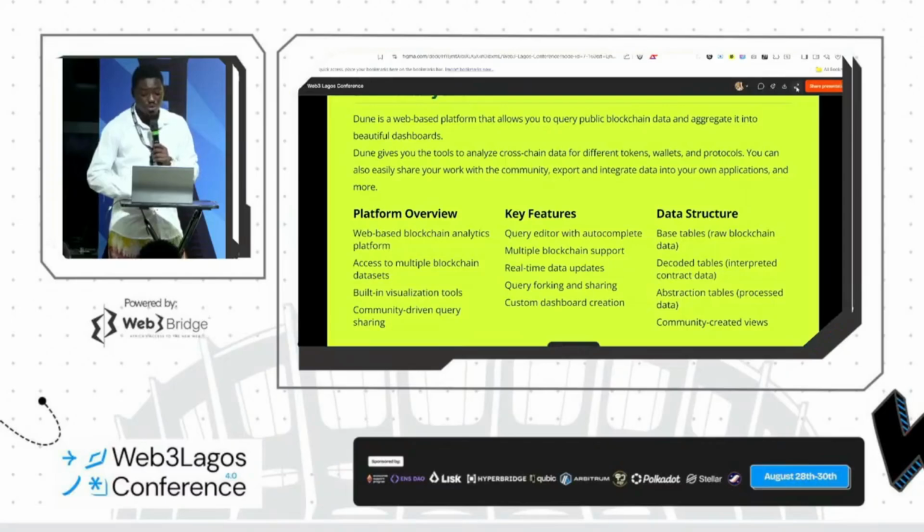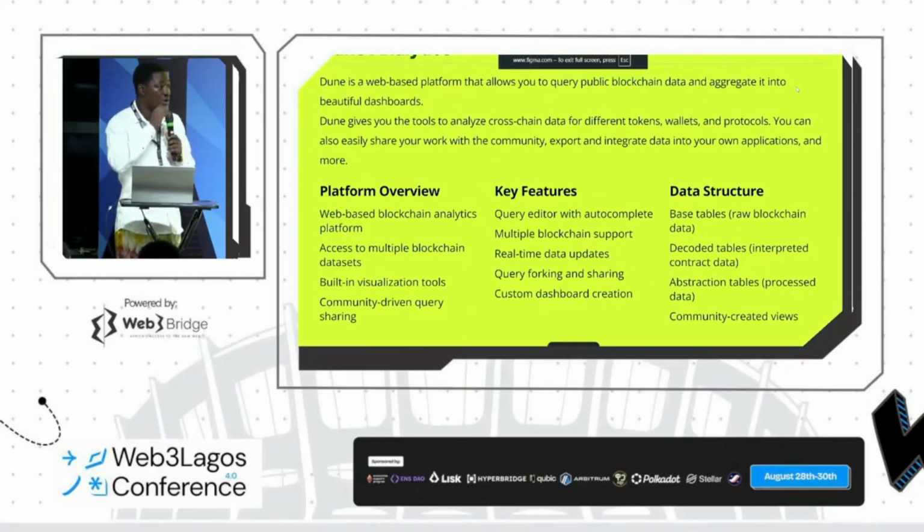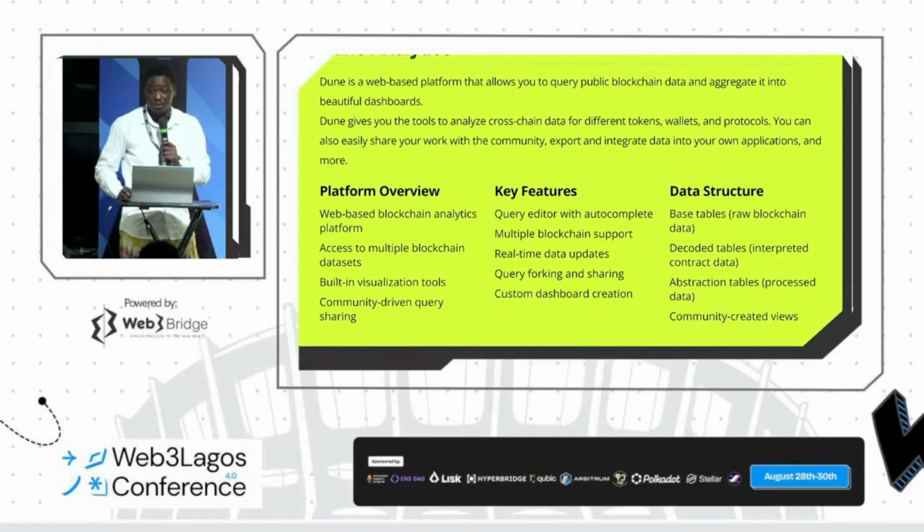So you're able to query all of this information on Dune. It has a query editor where you can write SQL queries and bring out information. Dune supports up to 100 plus blockchains, so if you are wondering, you can check on Dune to see the blockchains supported for your query.